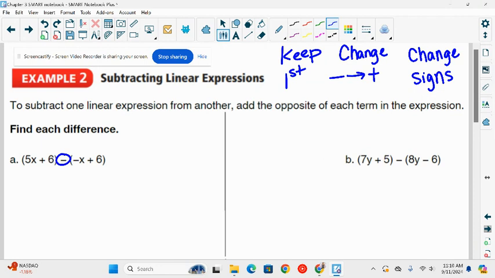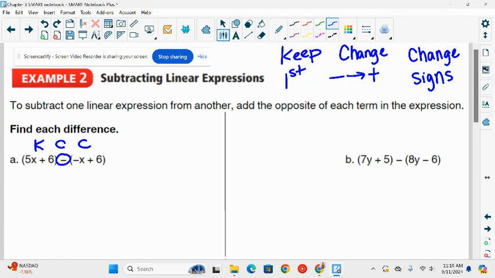Okay. Alright, let's see how we do this. We're even going to write it so that we remember. Keep, change, change. And you're going to do it because you just pledged and told me you were going to keep, change with subtraction. So we're going to rewrite this.